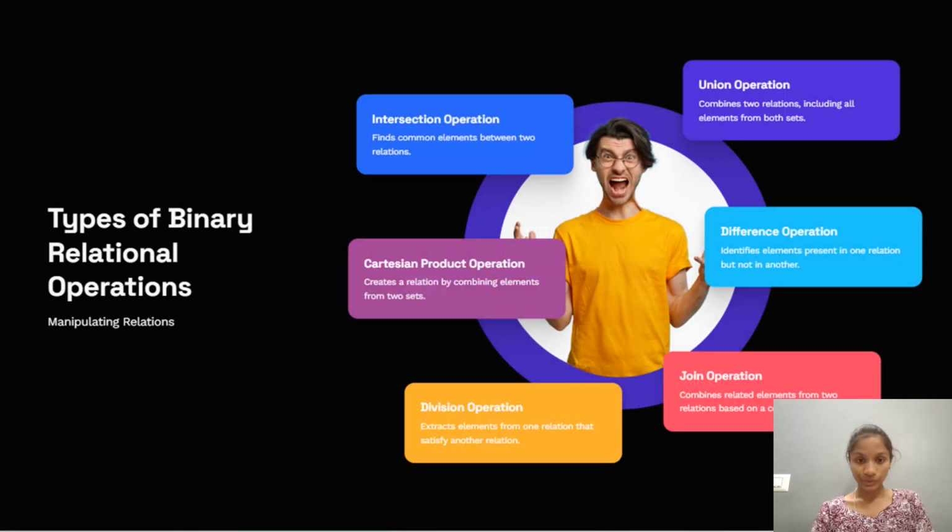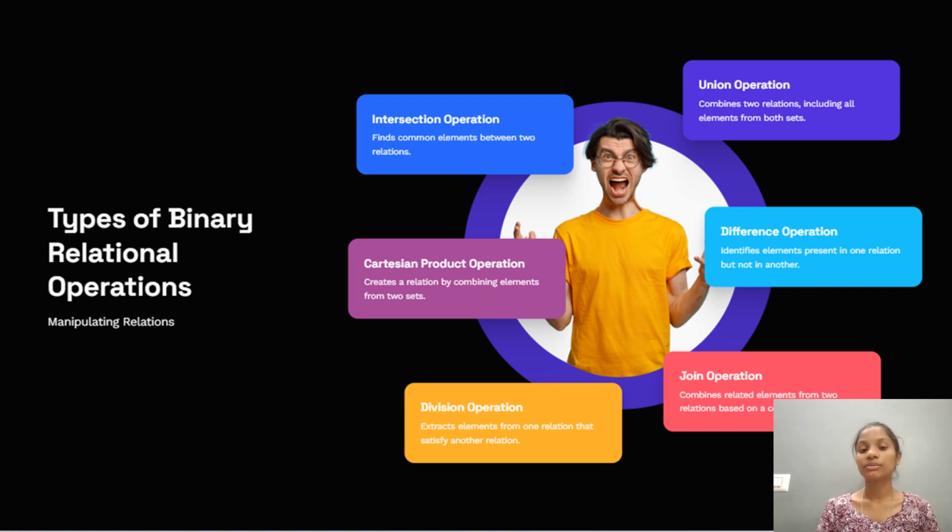Next, let us look into the types of relational operations. First is intersection operation, union operation, difference operation, join operation, division operation, Cartesian product operation. So intersection operation means if we are given two tables, table 1 and table 2, the common elements or common values in both tables are taken using the intersection operation.